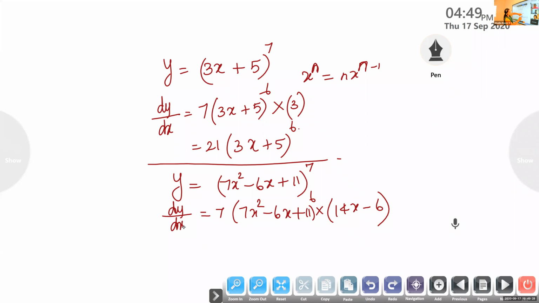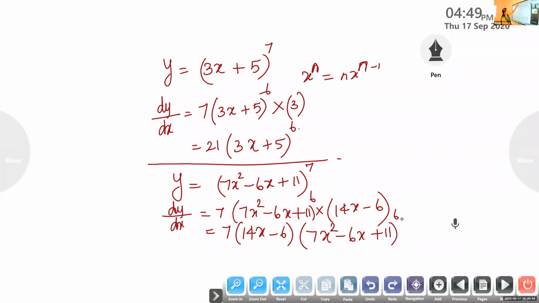Reduce the power of 7 by 1, you will get 6, into the derivative of this function. So derivative of 7x square is 14x minus 6. So we can write this as 7 into 14x minus 6 into 7x square minus 6x plus 11 whole raised to 6.